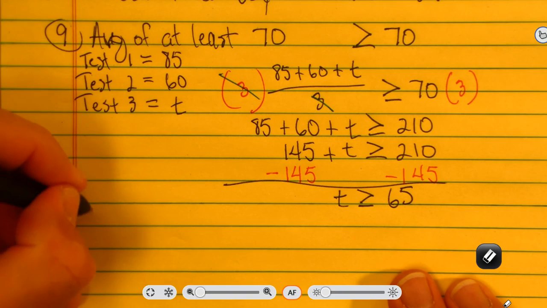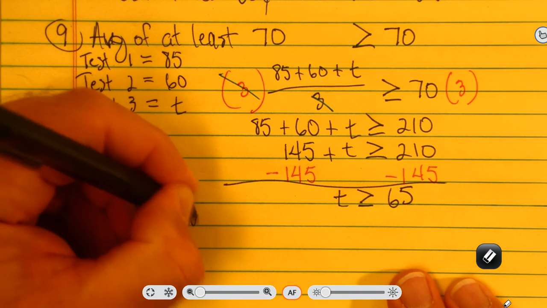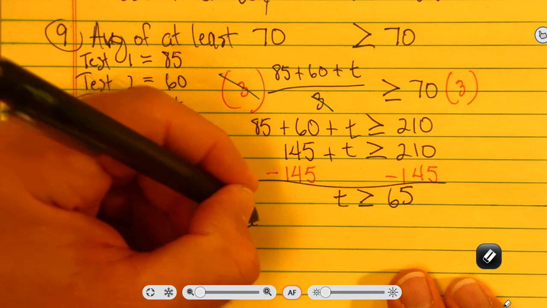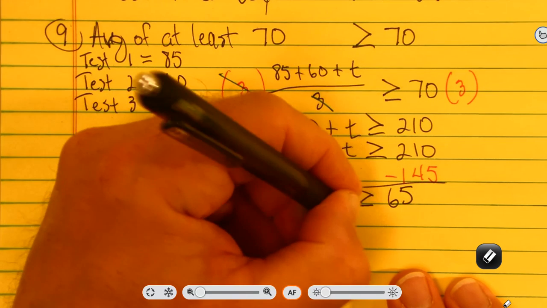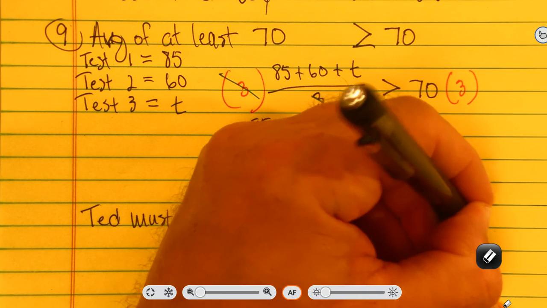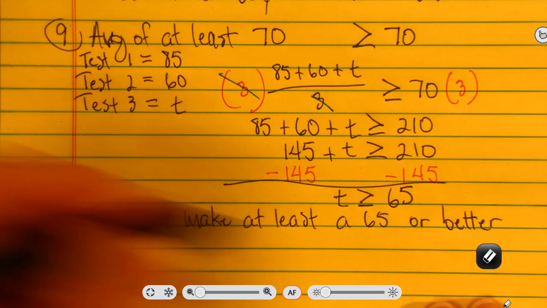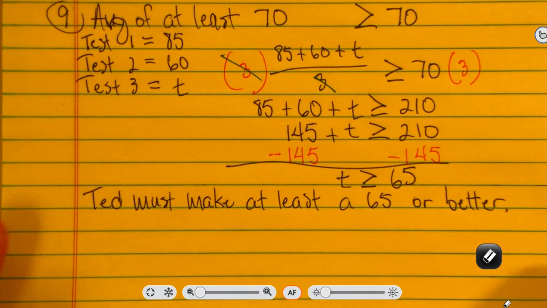So Ted must make at least 65 or better. His test score needs to be greater than or equal to 65.